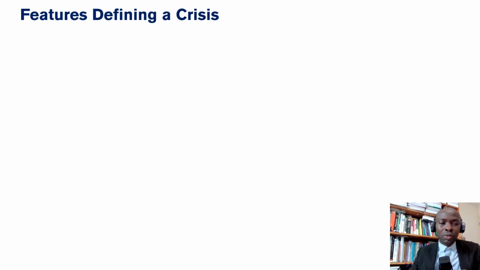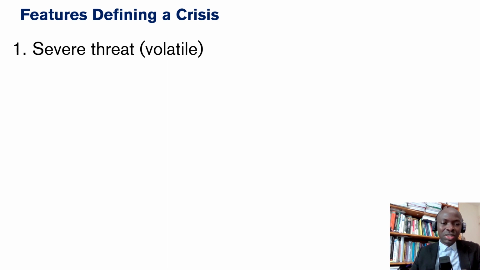So there are some features that actually define a crisis. I've classified them around 4 or 5 different points. Number one is that when you're looking at crisis and whether to make decisions, you're looking at the severity of the situation, the volatility of the situation. A severe threat poses a major threat to the business continuity or the business survival of that particular organization.